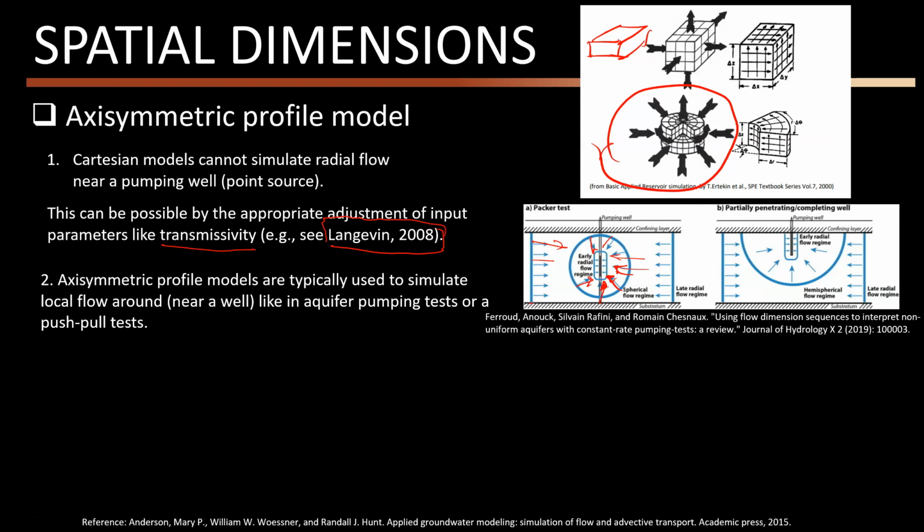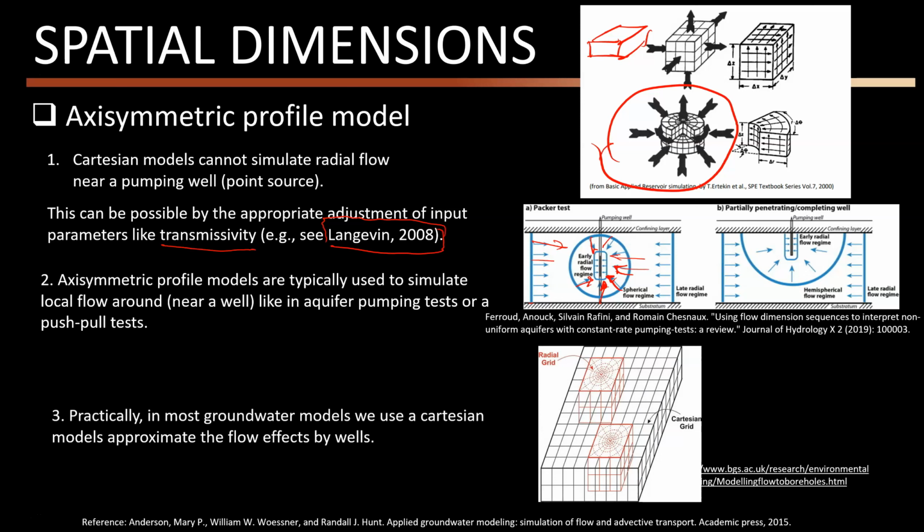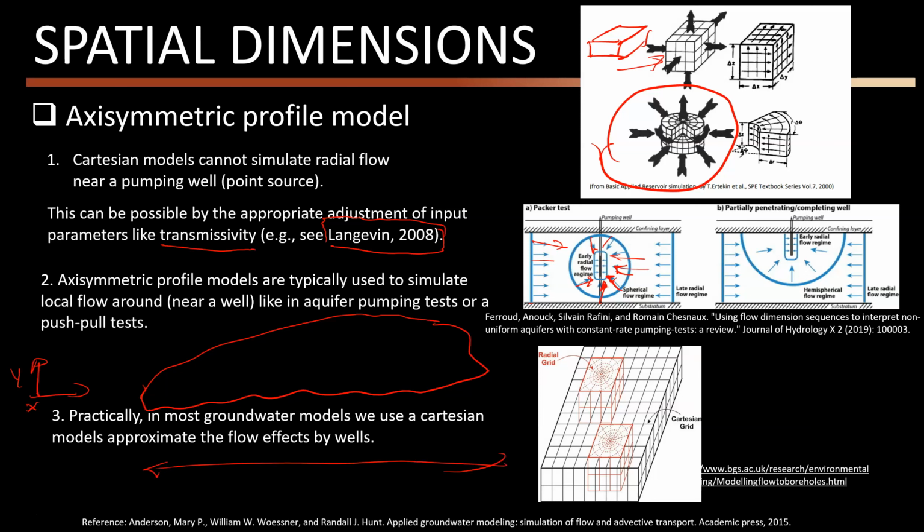But in our groundwater models, we usually use Cartesian systems, at least in the biggest scale problems. For example, if this is the area of my problem, this is my x and y, and from here to here is on the order of 10 kilometers, and this is 5 kilometers.